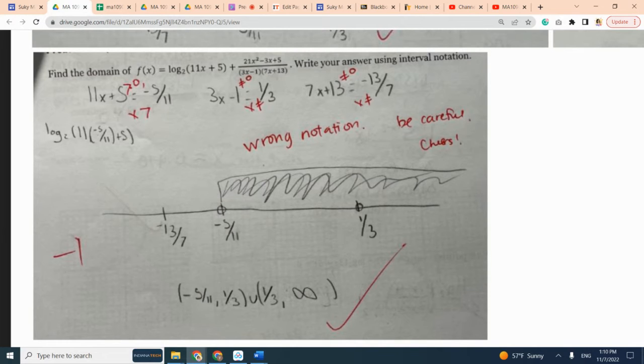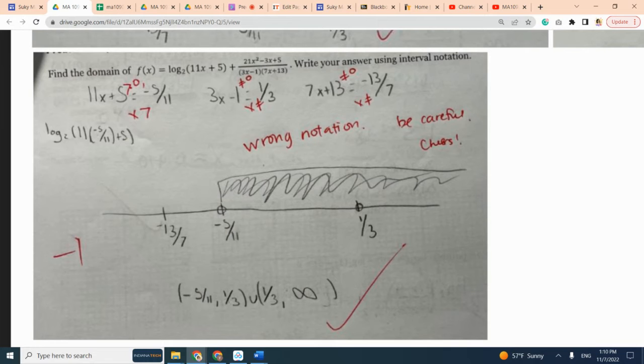Questions? How come the line doesn't start from -13/7? Oh, okay. So here, x not equal to that, so you put an open circle here, right? Here, x is greater than, which means on the right-hand side of this point. And x not equal to 1/3, you put an open circle.